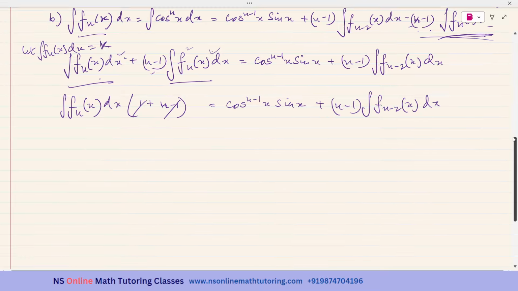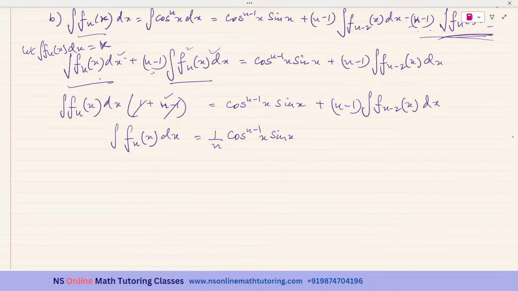And now we will be dividing the entire equation by n, because we need the integral of fn of x with respect to x expression. So this is 1 over n cos^(n minus 1) x sin x plus n minus 1 over n times the integral of f(n minus 2) x dx.